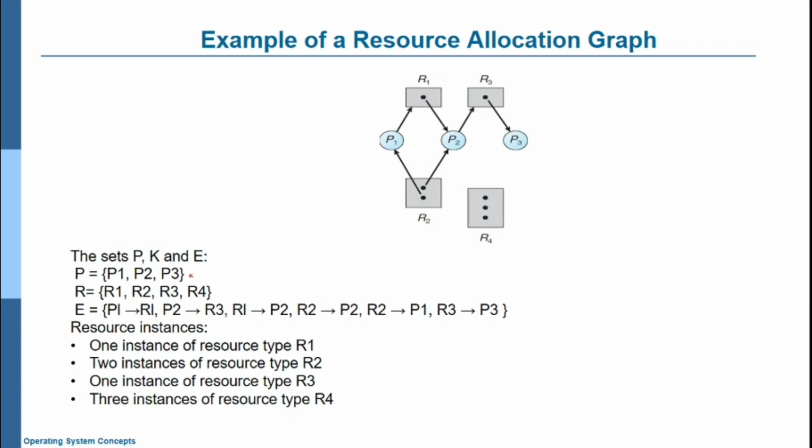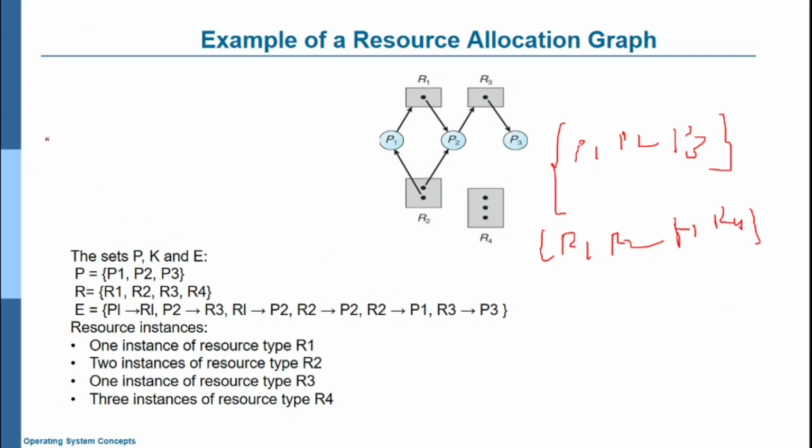The processes are represented by a set P1, P2, P3, a set of 3 processes. How many resources? The resources are R1, R2, R3, R4, so 4 resources.